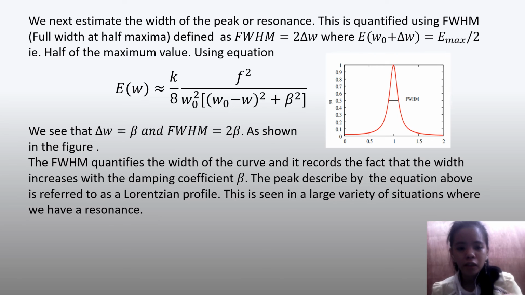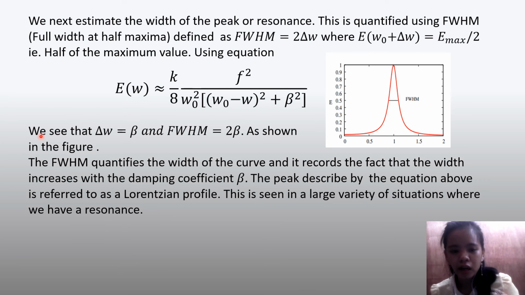We next estimate the width of the resonance peak. This is quantified using FWHM, or full width at half maximum, defined as 2 delta omega, where A of omega 0 plus delta omega is equal to A max over 2. So half of the maximum, and to get half of the maximum value we use this equation.